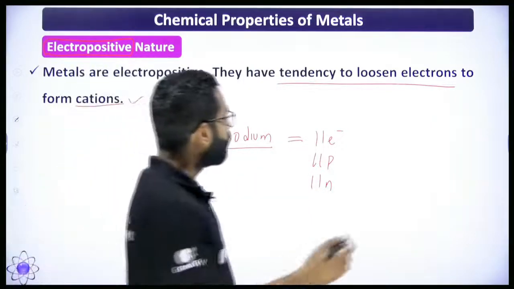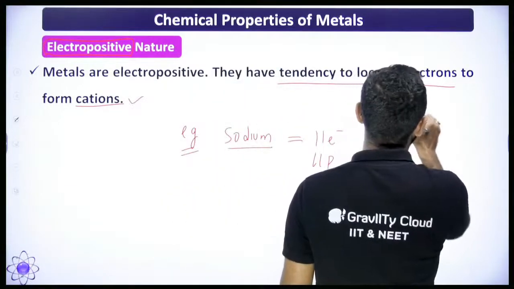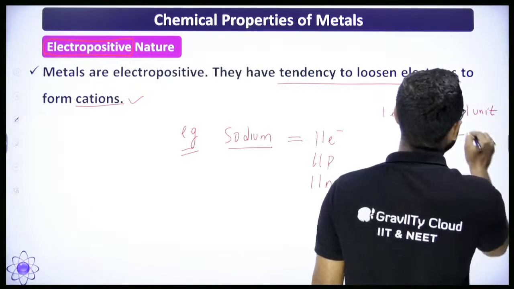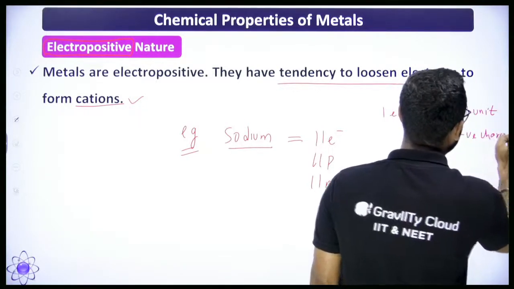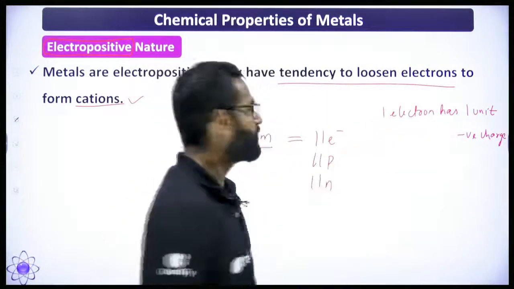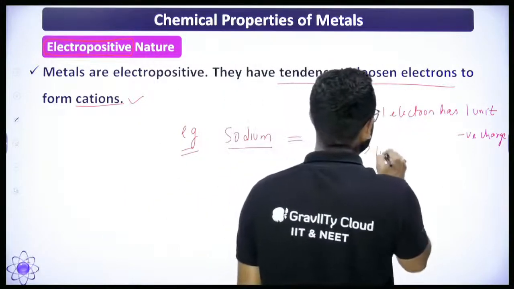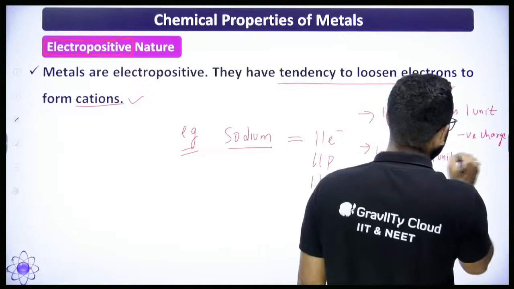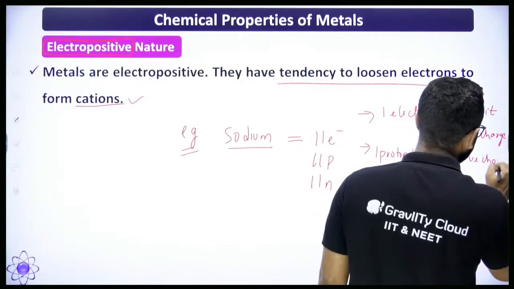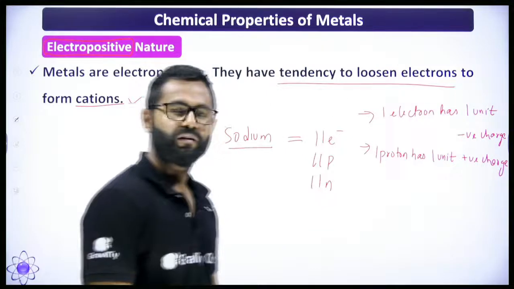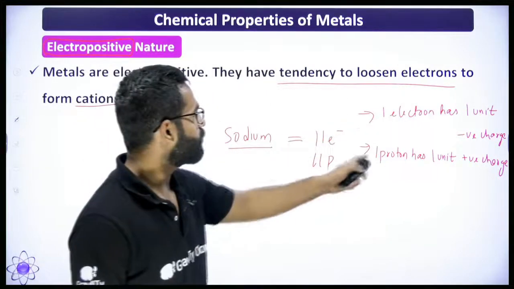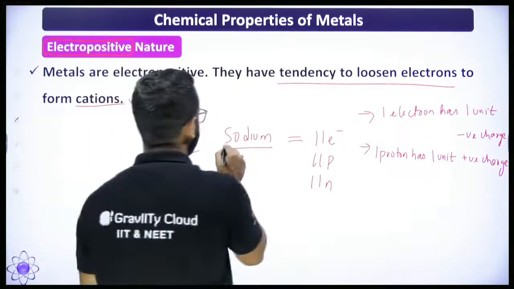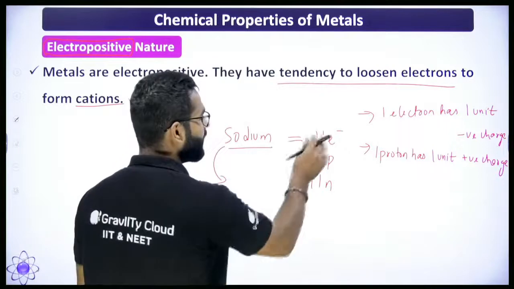Now we know that one electron has 1 unit negative charge, and similarly one proton has 1 unit positive charge. This we know, right? In the case of sodium, when it is an atom, in the sodium atom you will see that there are 11 electrons.